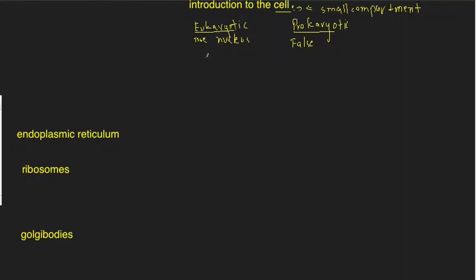Because if we observe a eukaryotic cell, we will find that around the place where the genetic material of the cell is present, there is a membrane. So the genetic material is enclosed by a membrane, and we say that this cell possesses a true nucleus, or it is a eukaryotic cell.